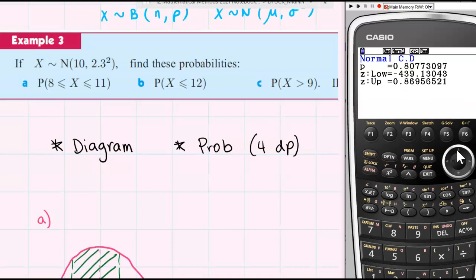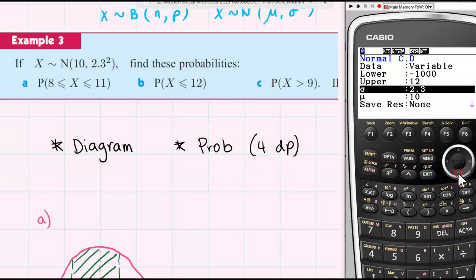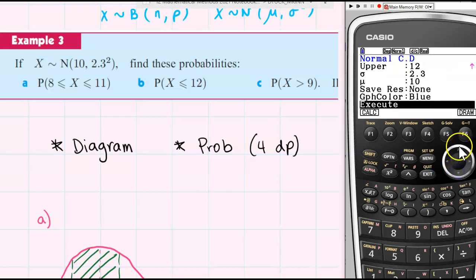All right, so you press execute and you get 8.8078. Now, Josh has just showed me something pretty cool, but I can't see it on my calculator. Okay, if you go back to this page and you scroll all the way to the bottom where execute is, can we see execute?